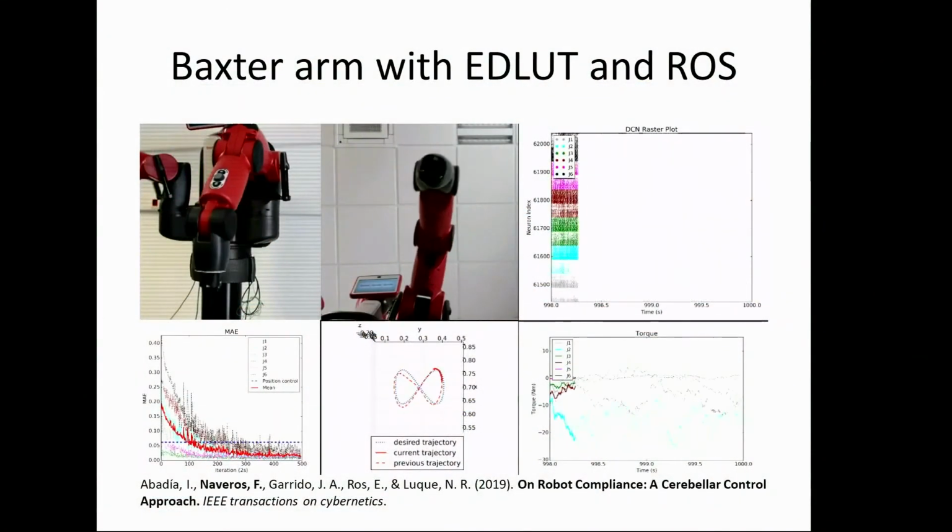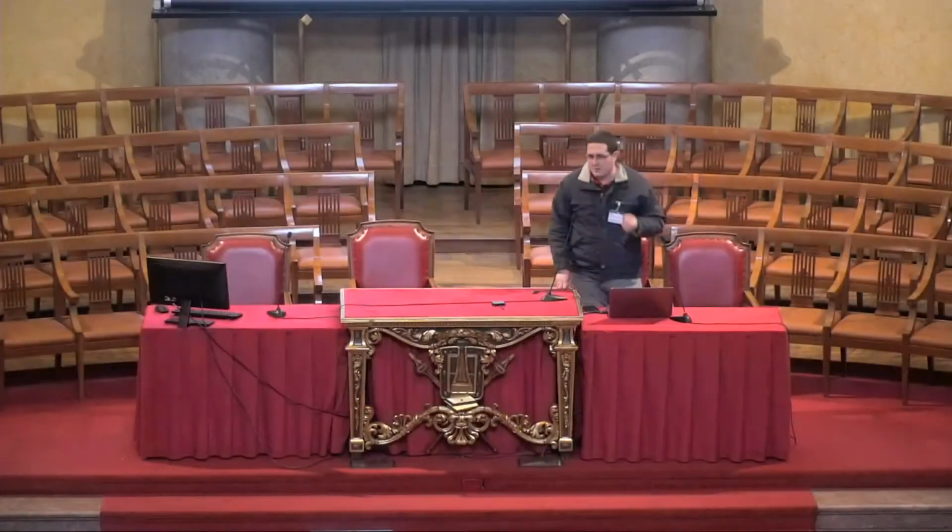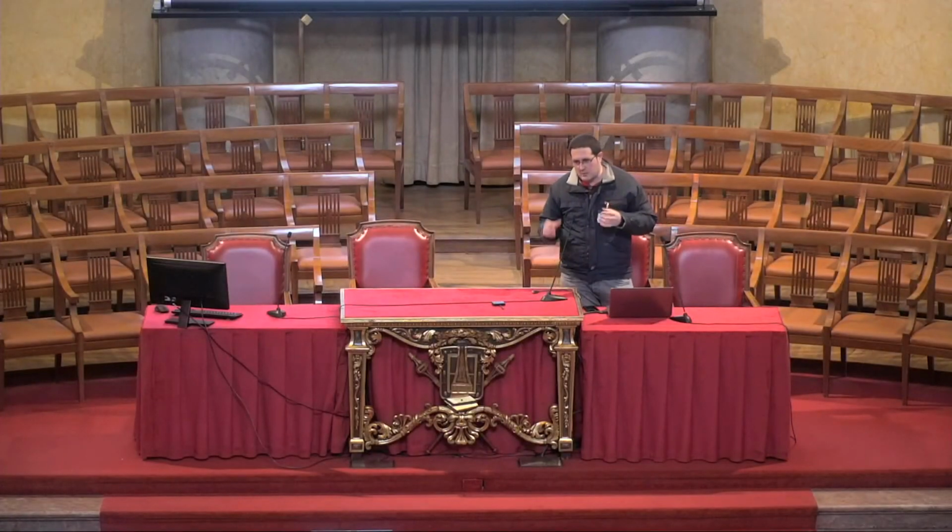Okay. Well, this kind of technology can be used for collaborative robots. These collaborative robots have a lot of problems to be controlled using traditional control systems, and this new approach, using biologically inspired mechanisms, can be an alternative solution to control this kind of robot.